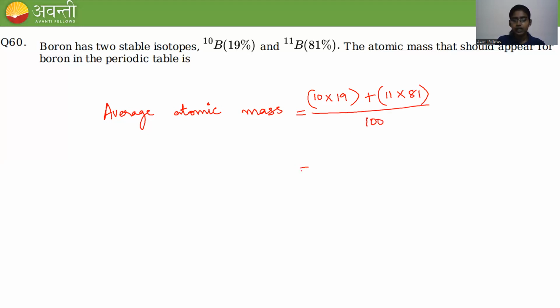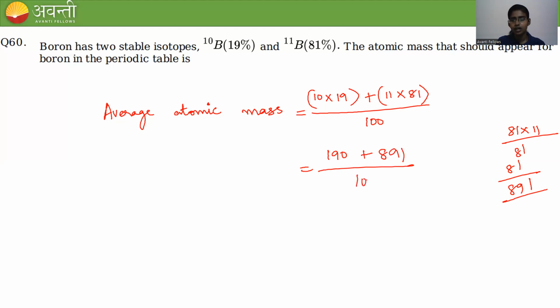So 10 into 19 is 190, and 81 into 11 is 891.